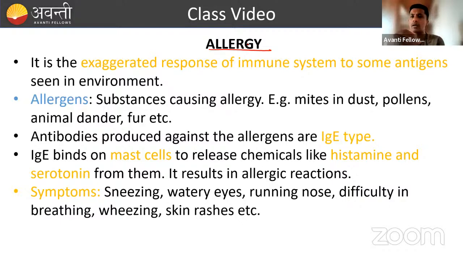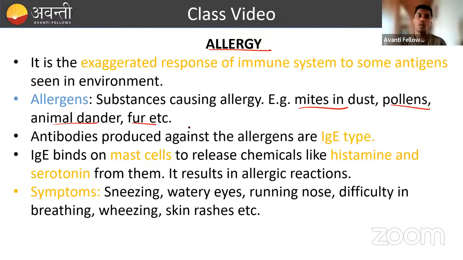All these small amounts of antigens in our environment that enter our body will trigger an exaggerated immune response, and that will cause certain symptoms of an allergy. Understood? Anything that causes these allergic symptoms is called an allergen. So under allergy, we have allergens: mites in the dust, pollen grains, animal dander, fur, etc.